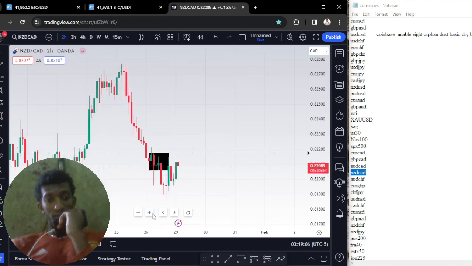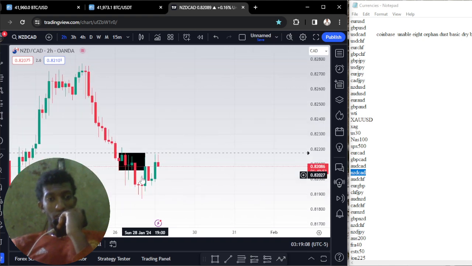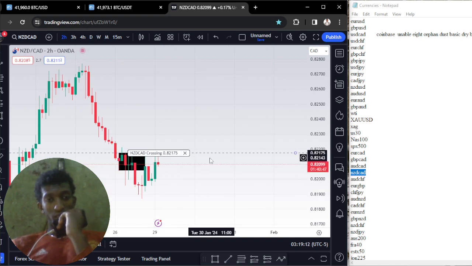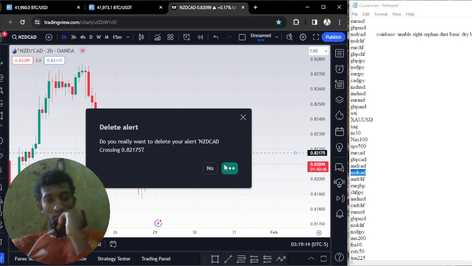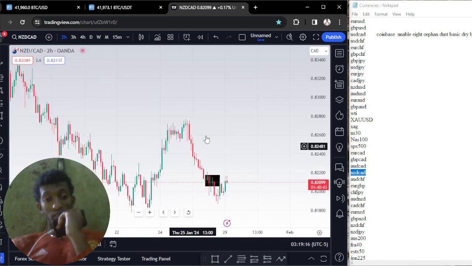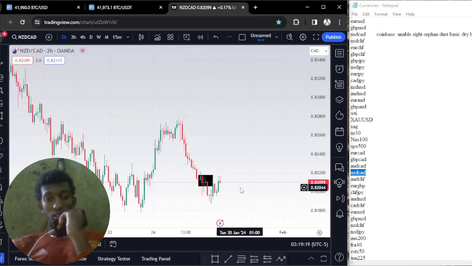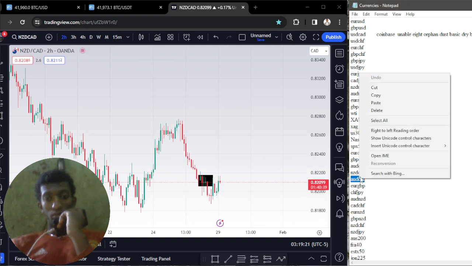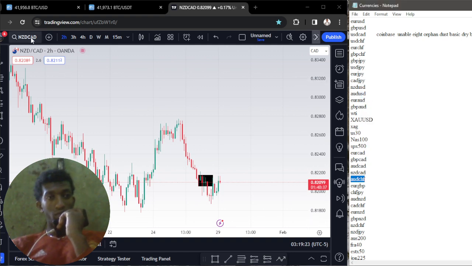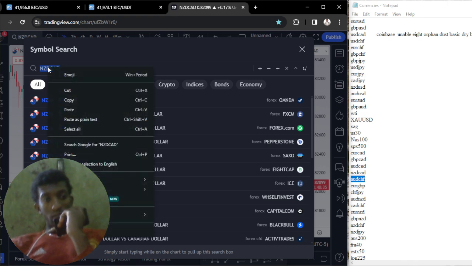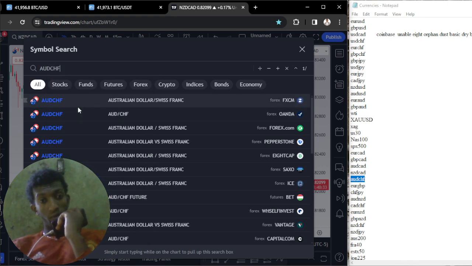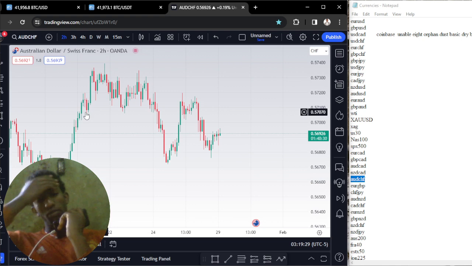Alright. As you can see, Kiwi CAD has some good trade, but we didn't see that one. There is no trade at this instant. There is nothing. Maybe on the higher time frames like the 4 hour, but on the 2 hour there is nothing. Aussie Chef.